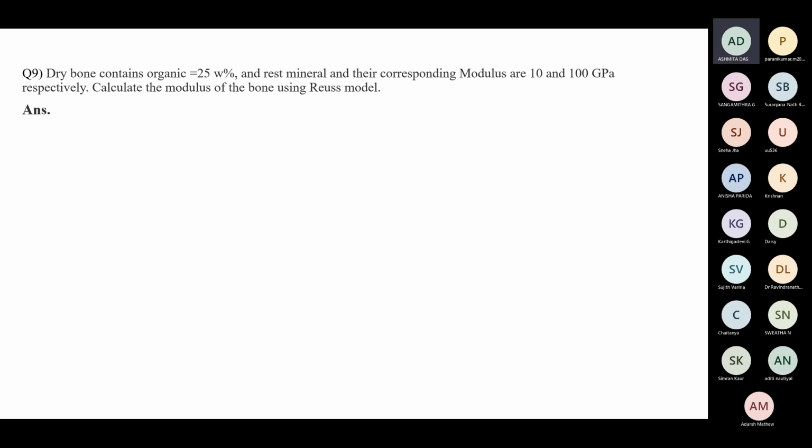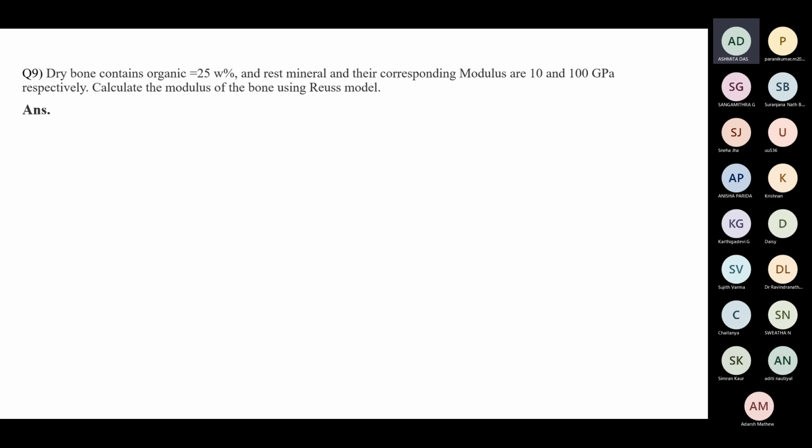So, here the Reuss model is 1 by E composite, or the modulus of the composite, equal to the weight fraction of the organic material divided by the modulus of the organic material, plus the weight fraction of the inorganic material divided by the modulus of the inorganic material.